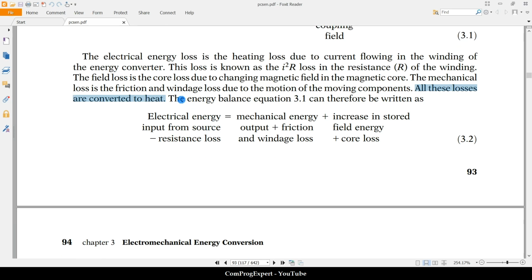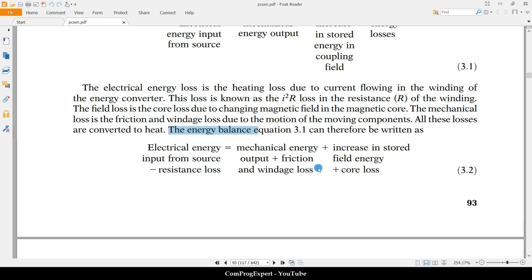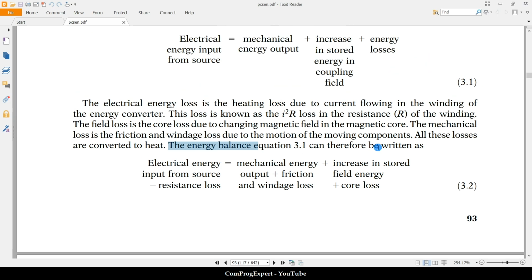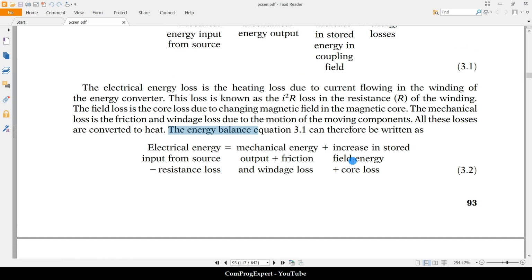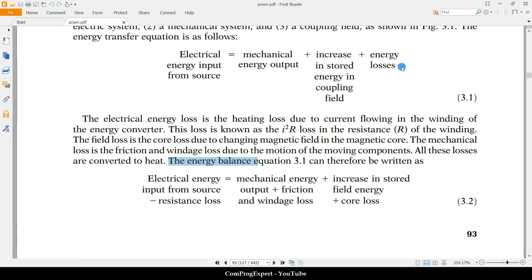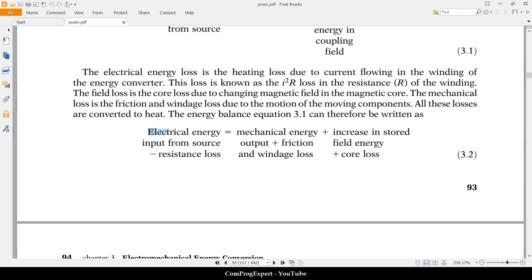So the energy balance equation can be written as follows, if we segregate losses. Electrical energy input from source minus resistance loss is equal to mechanical energy output plus friction and windage loss plus increase in stored field energy and core loss.